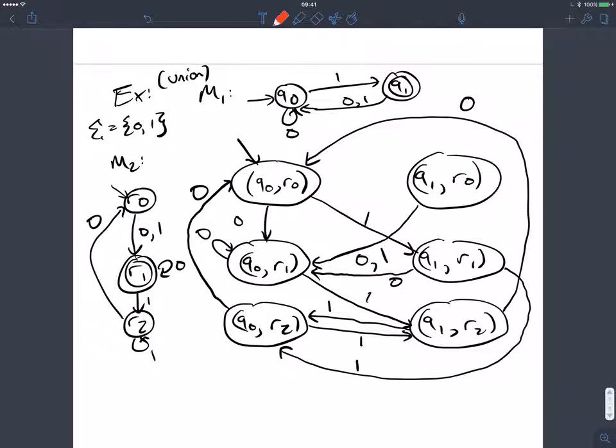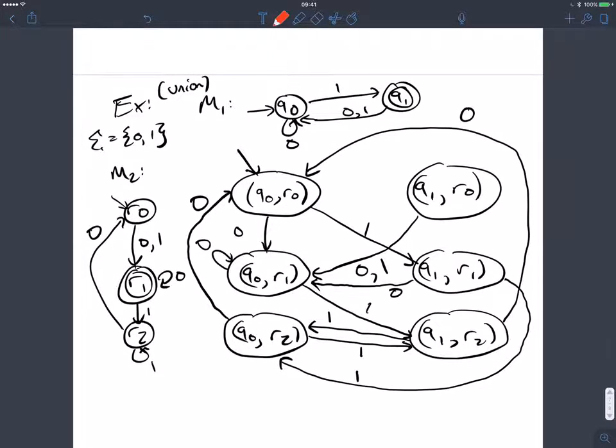So I need to figure out what things are final and what things are not final. So Q0, R0, am I going to make that final? No. Q1, R0, should I make it final? What about that whole right column? Yes. See why I wrote the first DFA horizontally and the other one vertically?